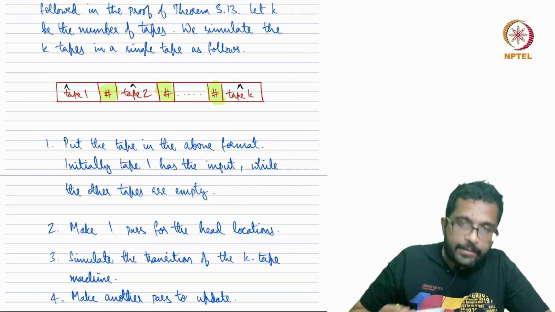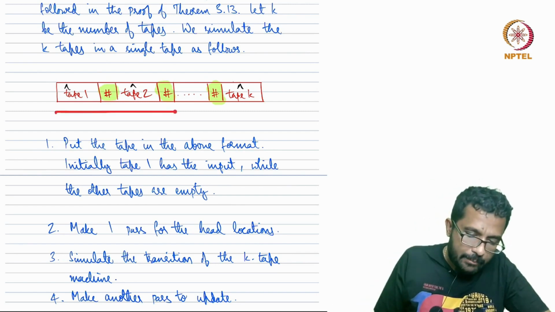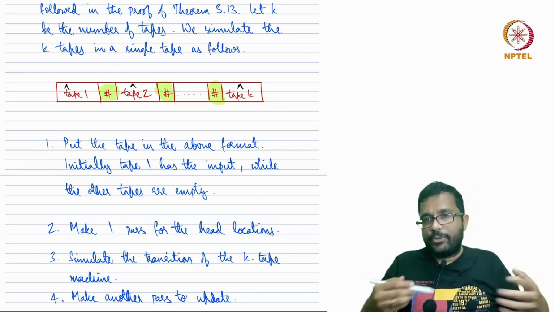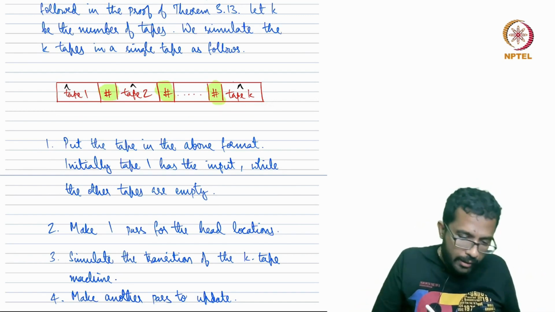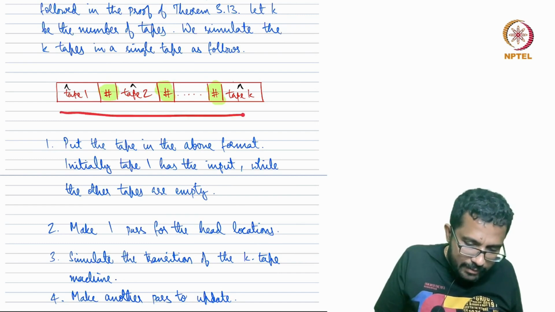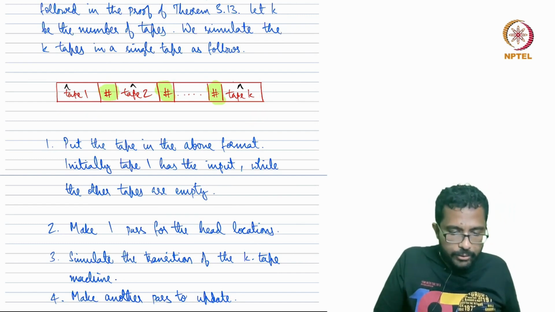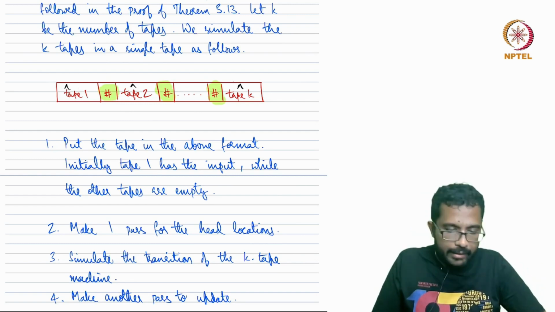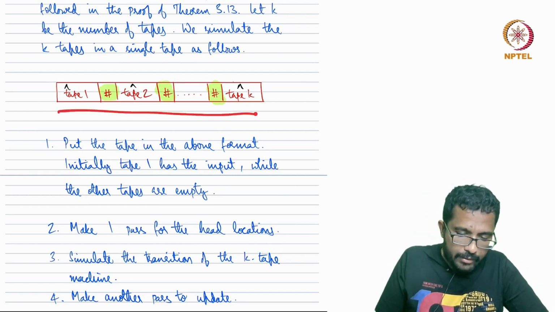Now it has to reflect that change in the single tape, which is virtually encoding the multiple tapes. So to make the change, it makes another pass from left to right. If it needs to move the head position one place, or overwrite, all of that it will do in that second pass.